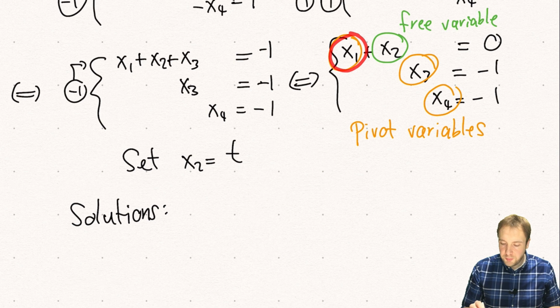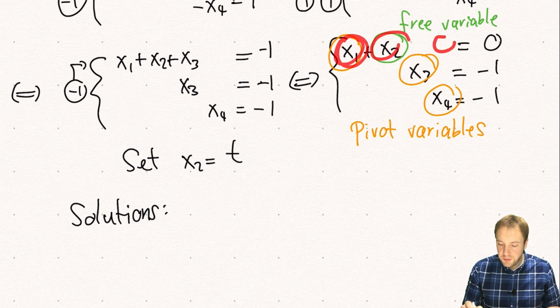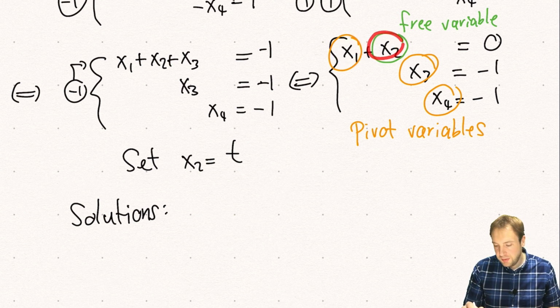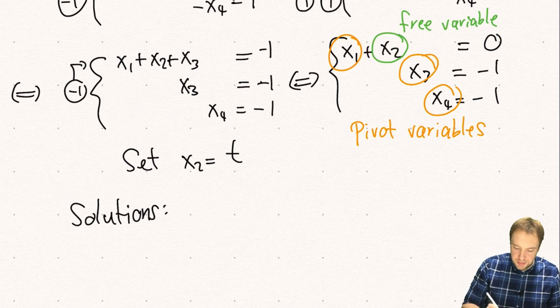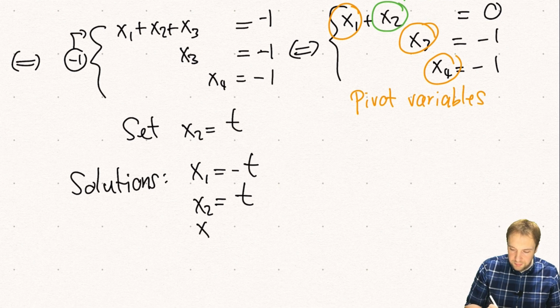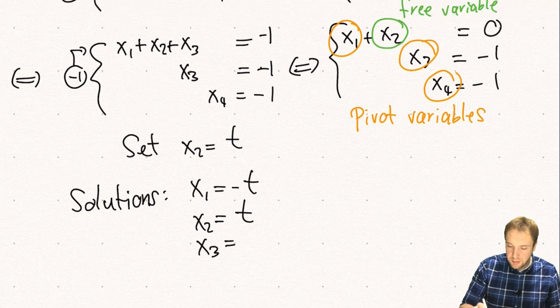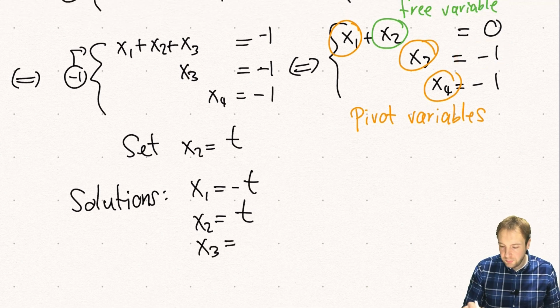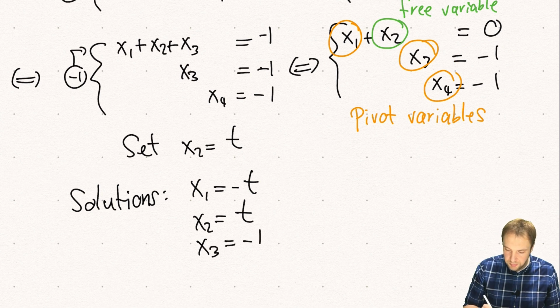well, the first equation is the equation of x1, so we can solve x1 by using these free variables. In this case, it's just minus x2, so x1 is minus t, x2 is t, x3 is, well, x3 is just -1, so it's -1, and x4 is -1.